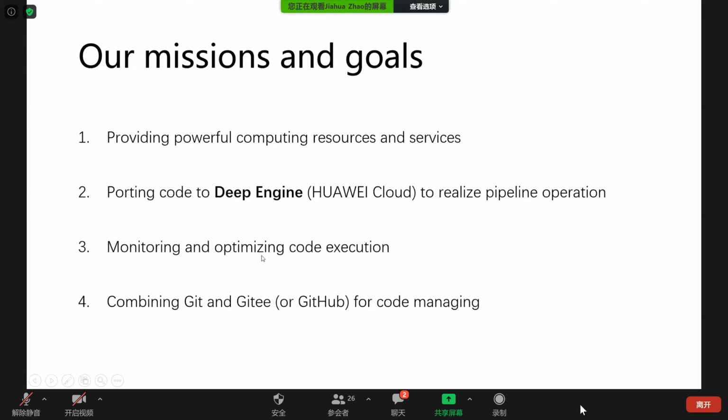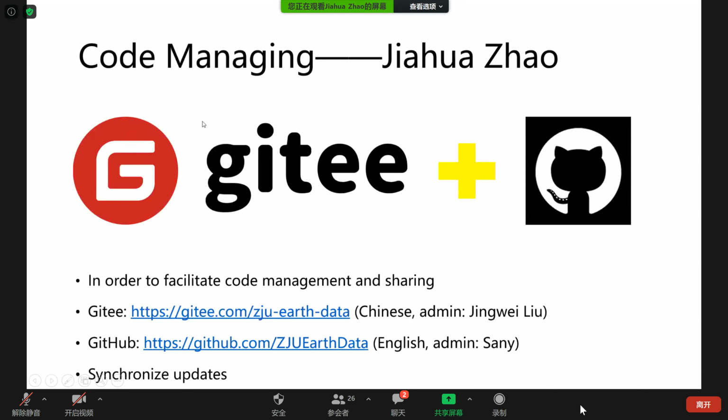And finally, combining Git and GitHub for code management. So let me show the work that we completed last week.